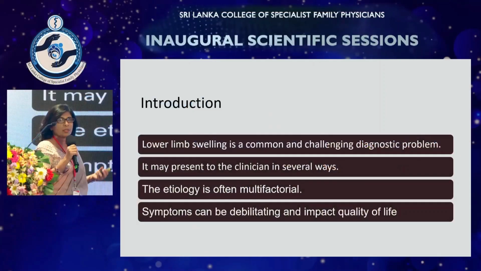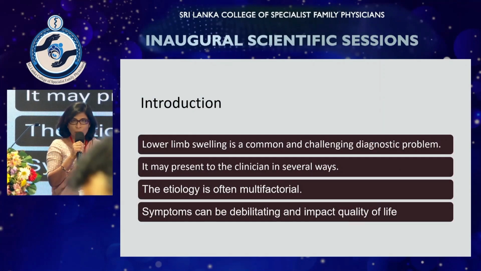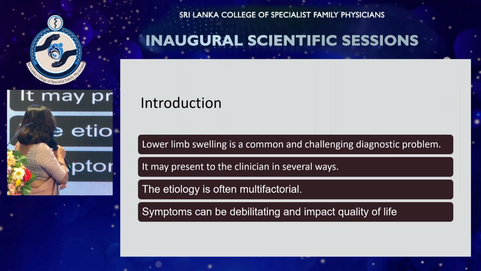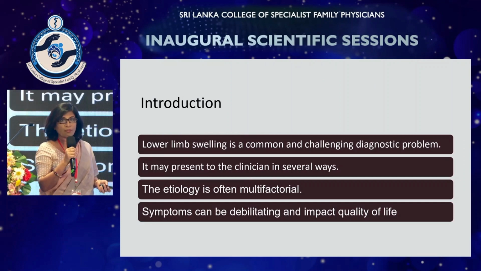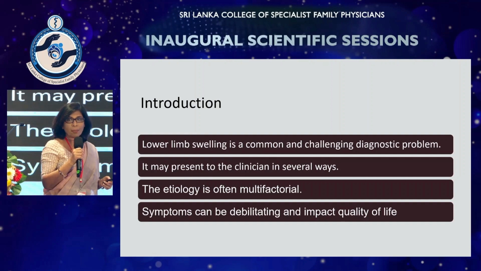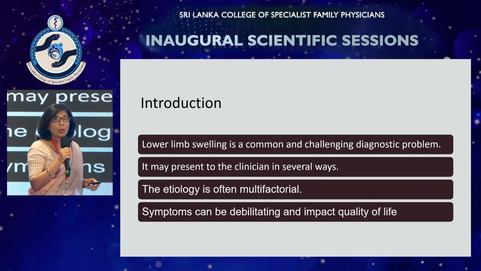So we don't say the lower limb swelling came because of just one reason, because it is multifactorial. The symptoms can be debilitating, and this impacts the quality of life of patients. So we have to consider everything when we assess patients coming with lower limb swelling.